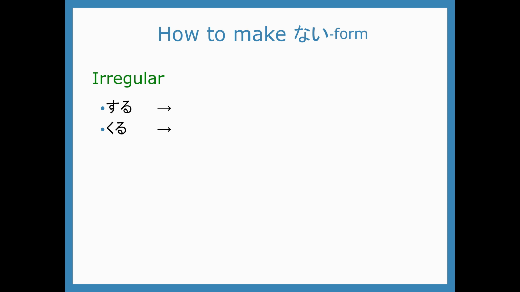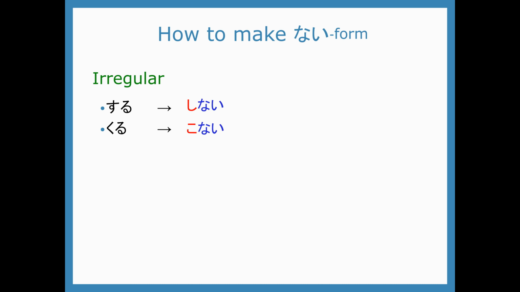When we make the nai form, first of all, let's start with our irregular verbs. These are the ones that we just have to memorize. So suru will change to shinai, and kuru will change to konai. These are just ones that we have to practice.